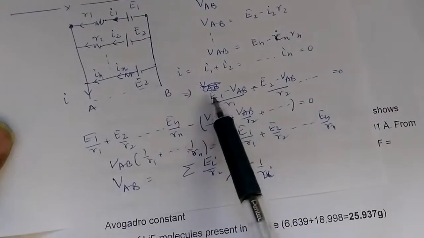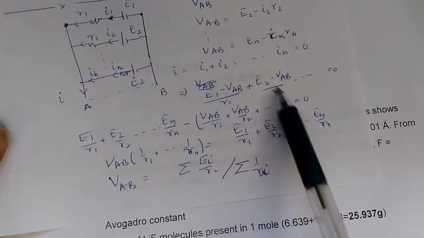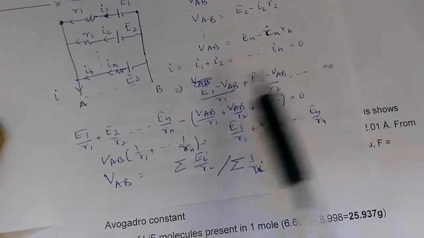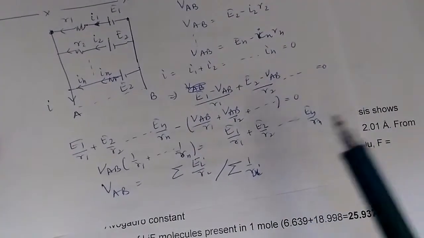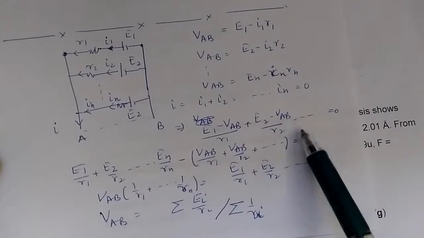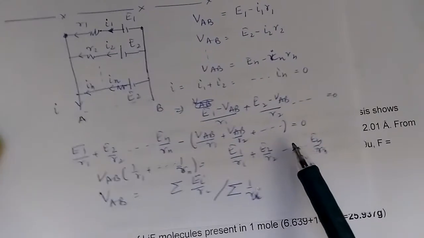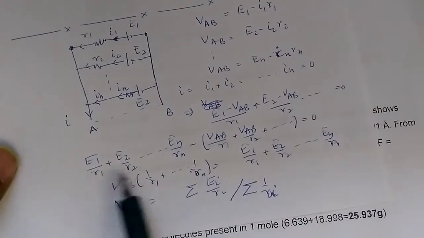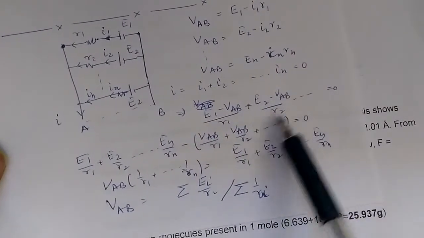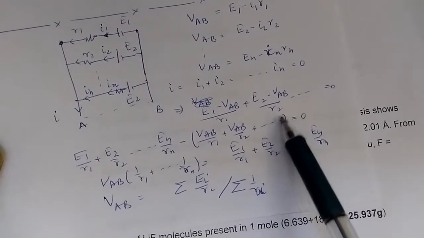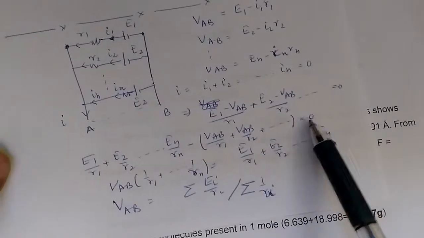Now we put together all the E terms and VAB terms. We have E1 upon R1 plus E2 upon R2 plus E3 upon R3, and so on, all of them in one place, minus VAB upon R1 minus VAB upon R2, and so on, minus VAB upon Rn, is equal to 0.